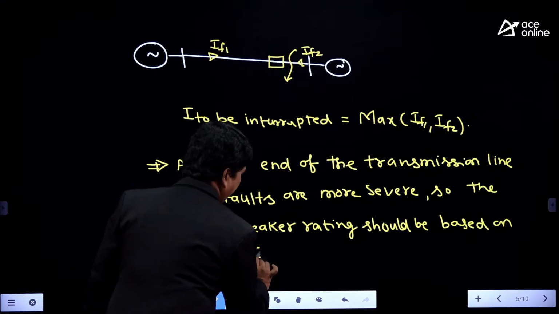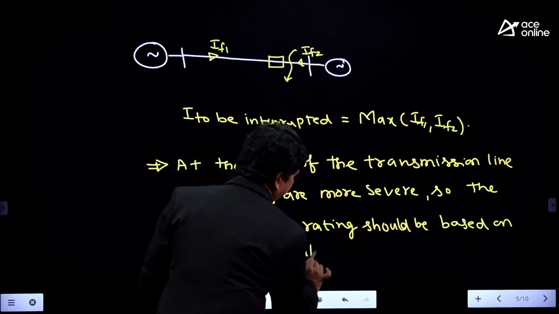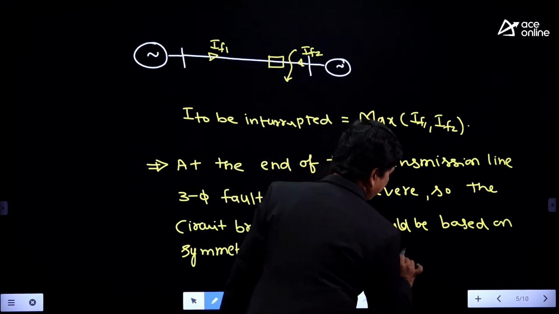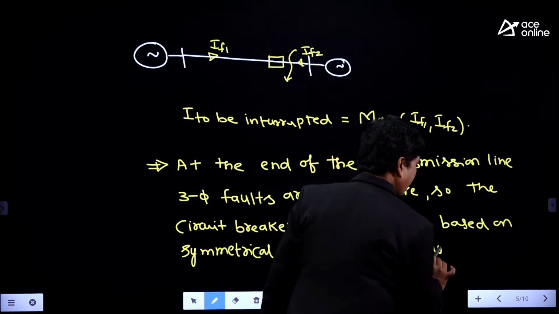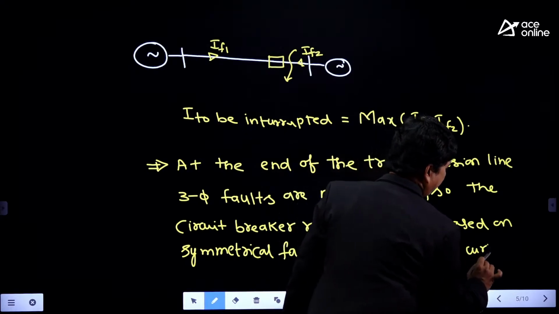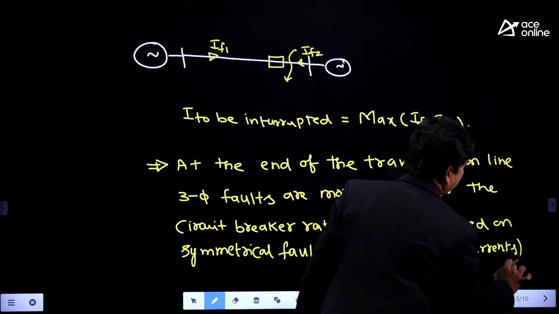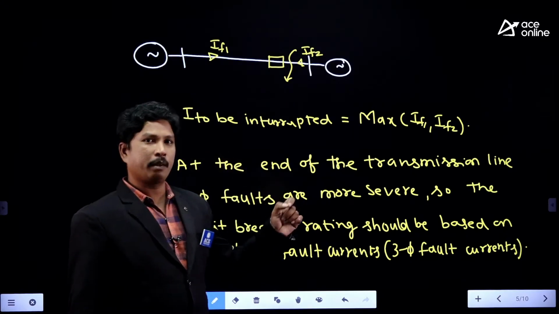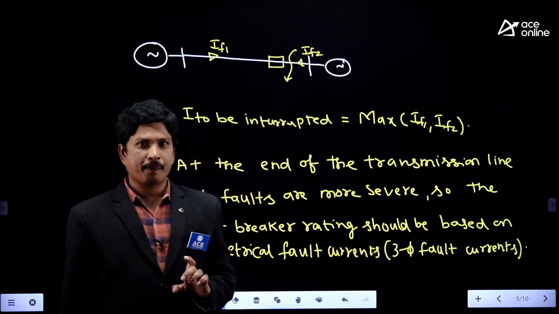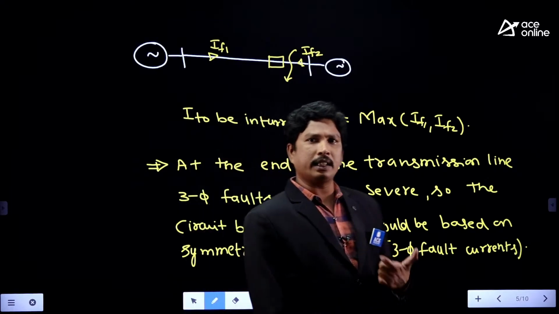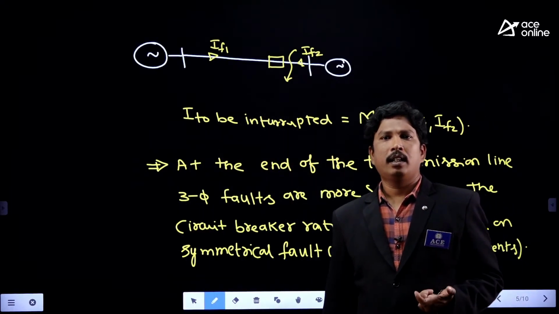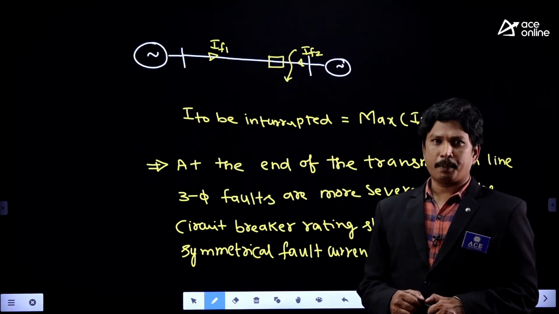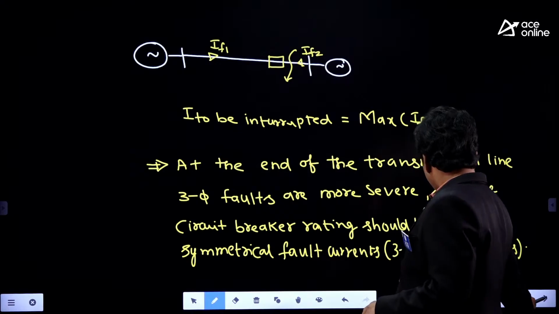Symmetrical fault currents are three-phase fault currents. Clear? Based on this only, we are going to design the circuit breaker as well as the relay. We got some questions on this in the previous year exams, on circuit breaker rating as well as relay rating. Clear? Now we'll see, students.